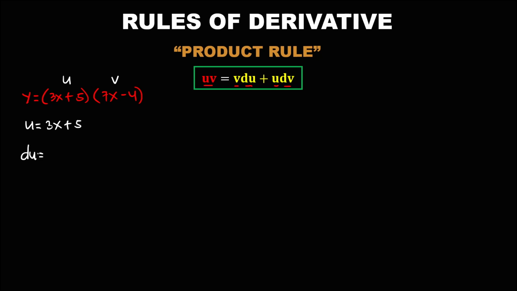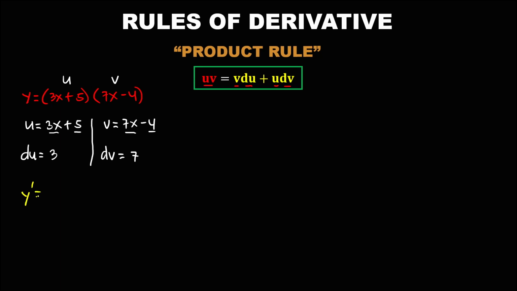Then for du, or the derivative of u, the derivative of 3x is 3, and the derivative of a constant is 0. So du is equal to 3. Then for v, v is 7x minus 4. Then dv, or the derivative of v, the derivative of 7x is 7, and the derivative of a constant is 0, so dv is equal to 7.